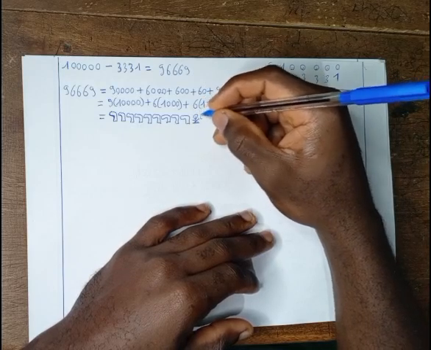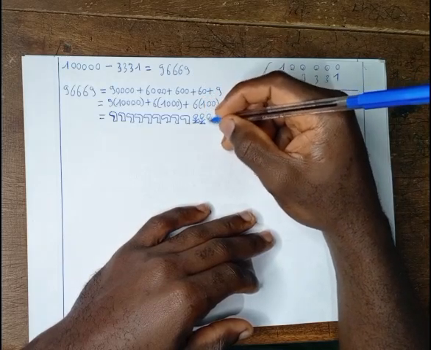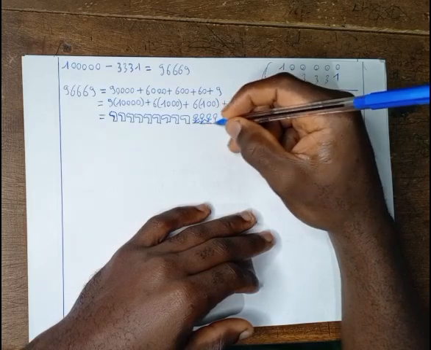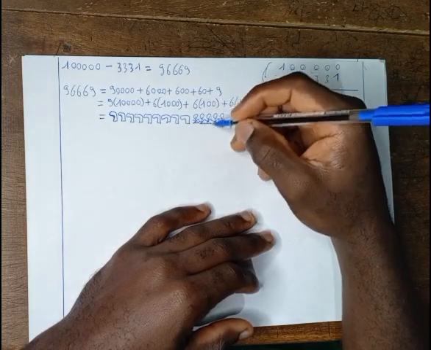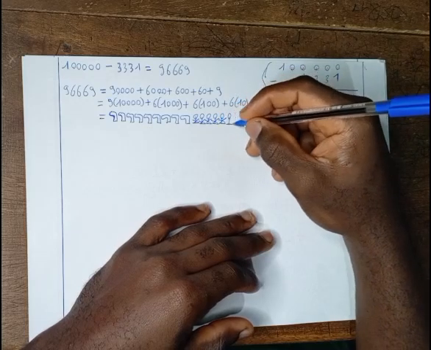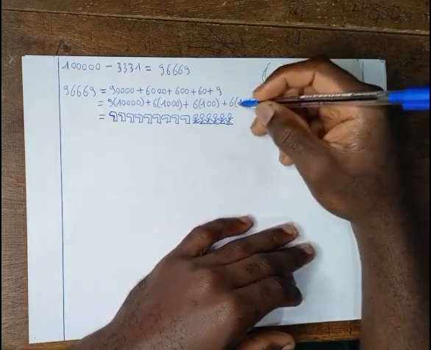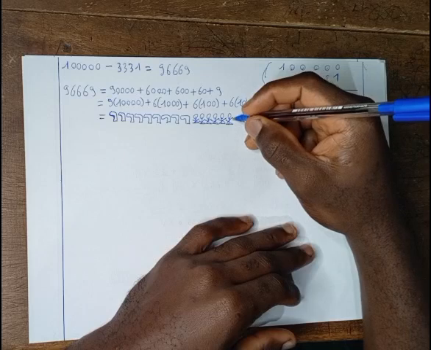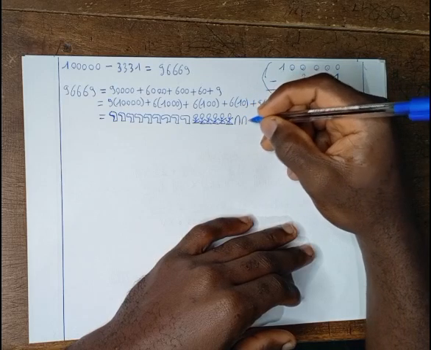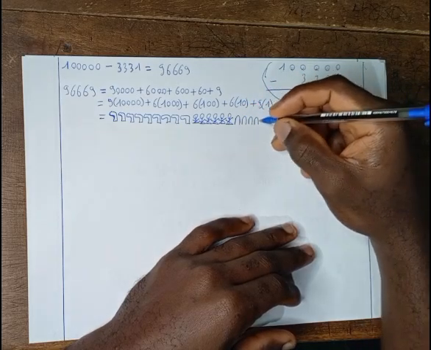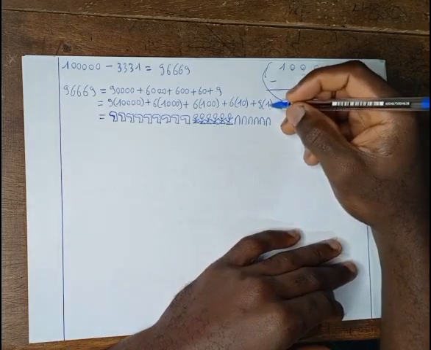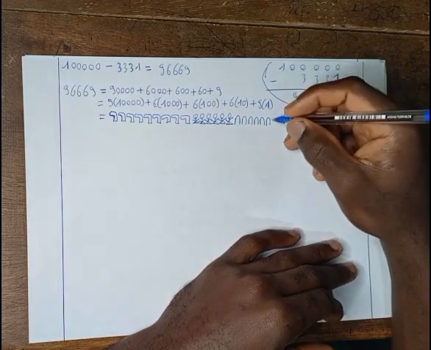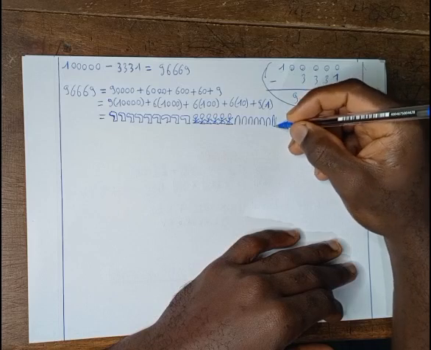So we have to write down 6 lotus flowers: 1, 2, 3, 4, 5, 6. Next, 10 by using a hell bone, so we have 6 hell bones. Now, 1 by using a straight finger. So we have 9 straight fingers.